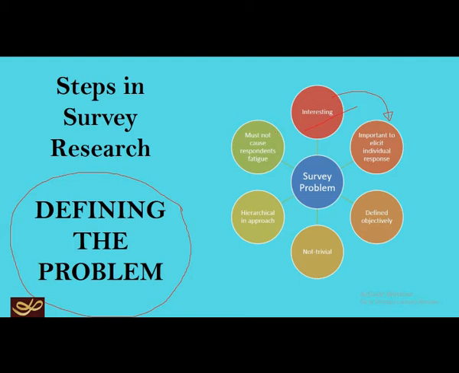And of course, it should not cause respondent fatigue. The problem here is that the survey is too big. You made a survey with a 10-page questionnaire, and they won't answer that.